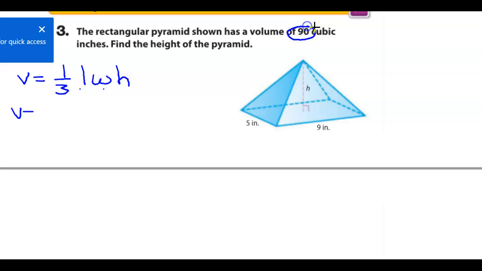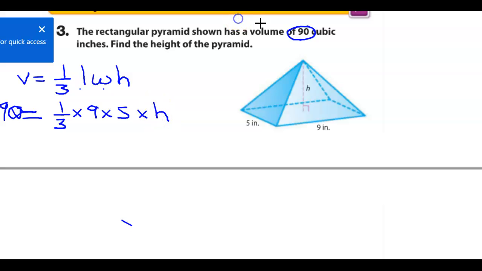They're telling me the volume is 90, so I'm going to put in a 90 right here. So 90 is equal to 1/3 the length times the width times the height.